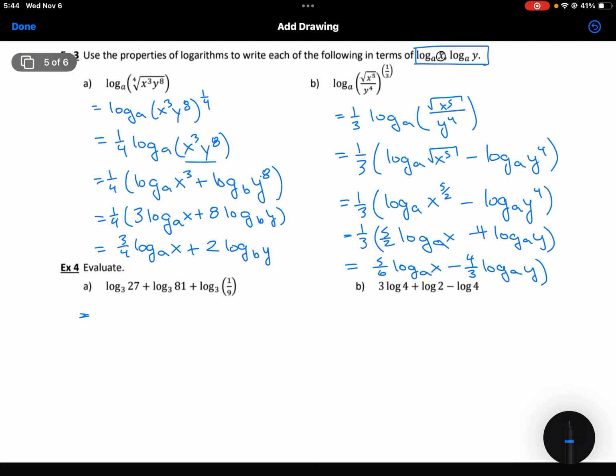So I could evaluate each of these separately, but that's going to take me 3 steps and then another step to put together. Instead, I'm going to notice that I'm adding all of these logs. So that means that I can multiply all of these arguments together times 1 over 9.